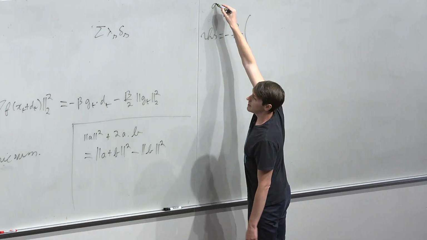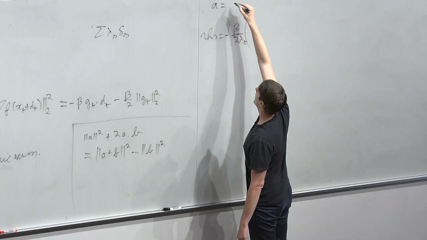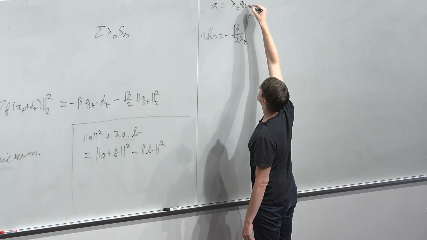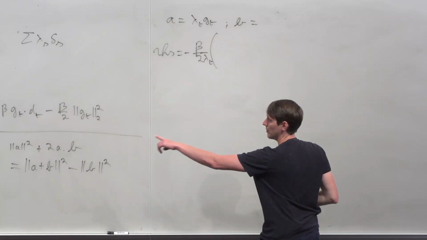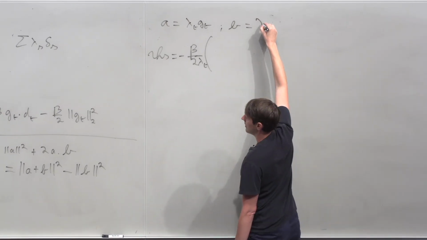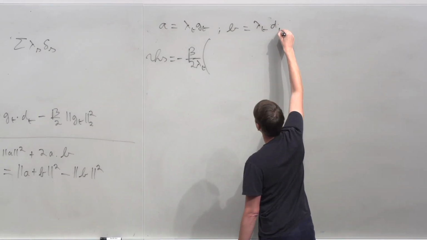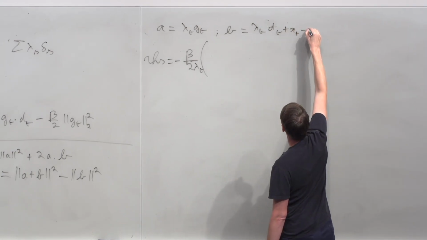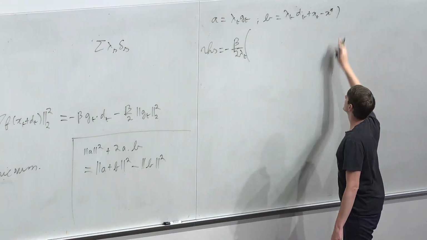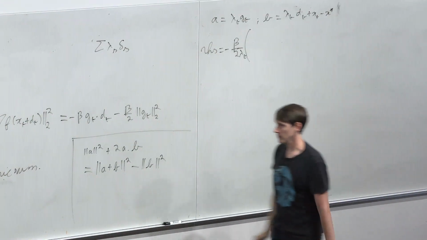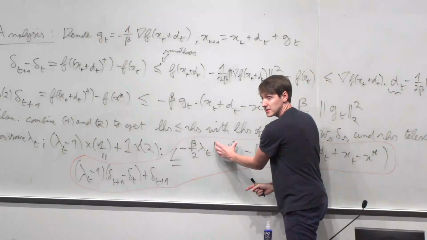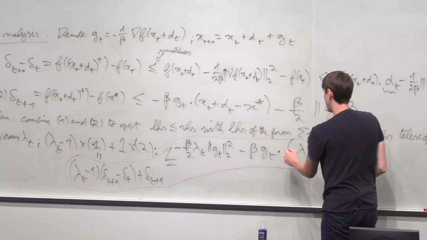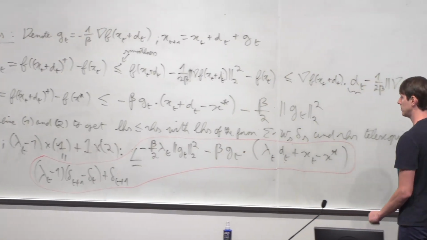I will write A is lambda t gt, and B is lambda t dt plus xt minus x star. Right? And just say lambda t norm of gt squared, it's 1 over lambda t times the norm of lambda t gt squared. And here I put a lambda t also.